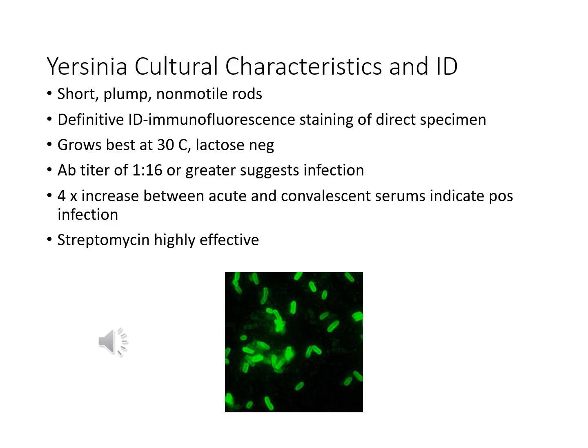If we have an antibody titer of 1 to 16 or greater, or if we are able to draw both an acute and convalescent serum and we see a 4-fold increase in antibody titers between the two, then that's also indicative of a positive infection. As far as treatment for Yersinia, streptomycin is highly effective.